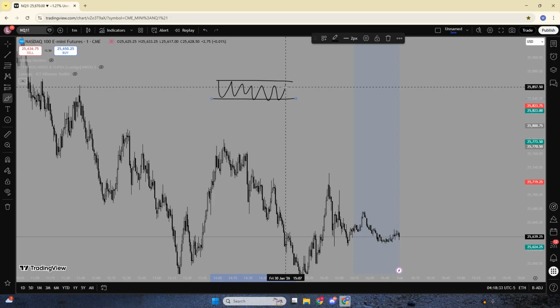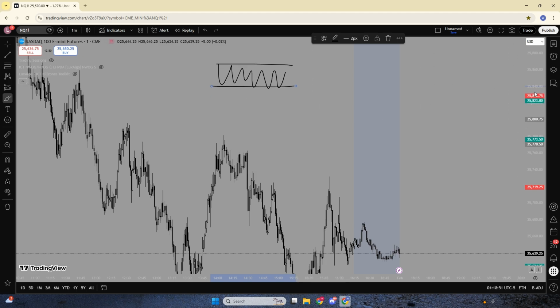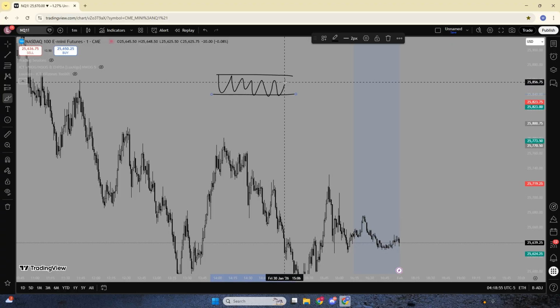So liquidity, all these banks and hedge funds and big institutions, they need money to fill their big orders. It's not like you're playing with little amounts of money, nothing compared to banks where they're playing billions and stuff. So they don't have enough liquidity to fill their orders. So they want to push the market to a point where there's a lot of orders so they can get filled, right?